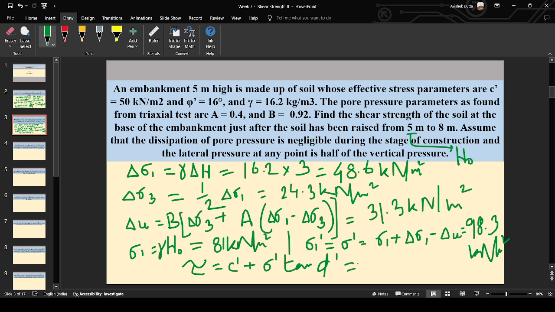Putting all the values in the respective places, we get a value of around 78.2 kilonewton per meter square.